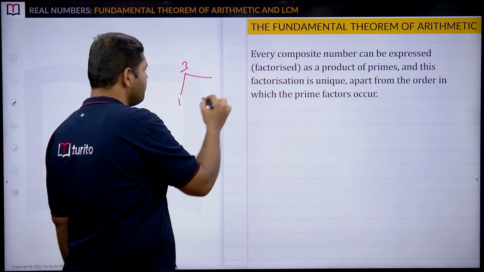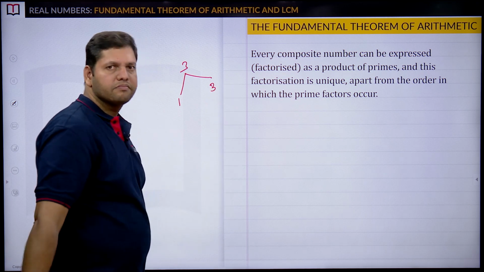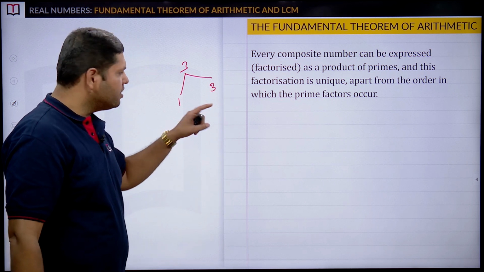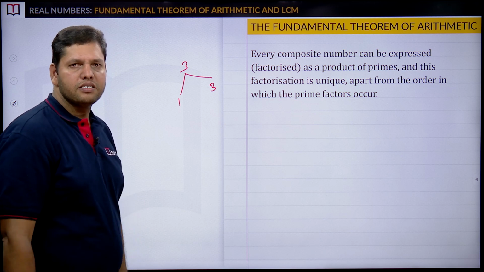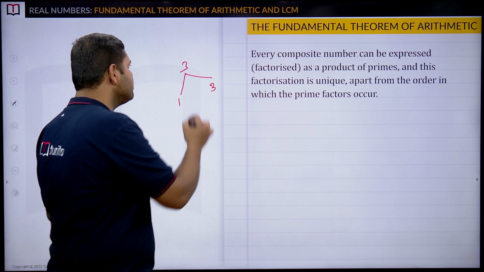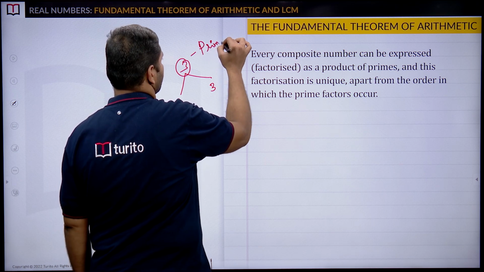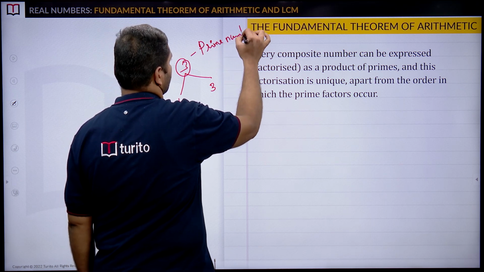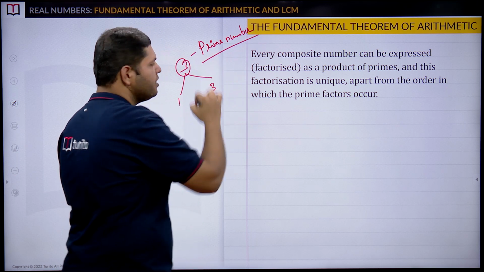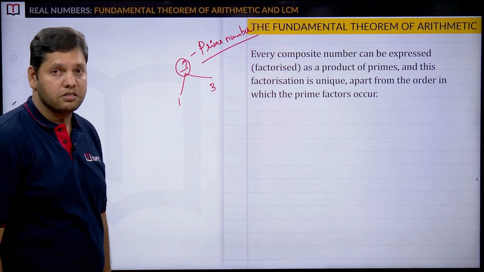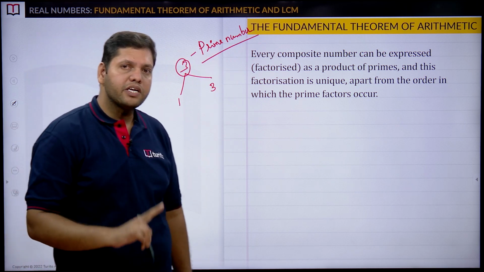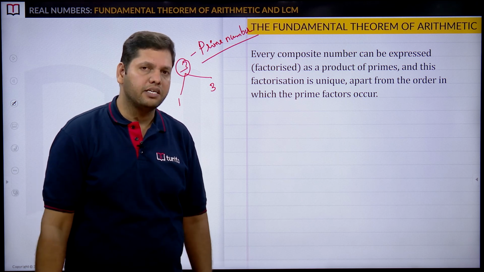It is divisible by 1 and it is divisible by 3. Apart from these two numbers, you cannot divide 3, isn't it? So I can say 3 is a prime number. Prime number means it has exactly two factors, so those numbers we call prime numbers, isn't it?